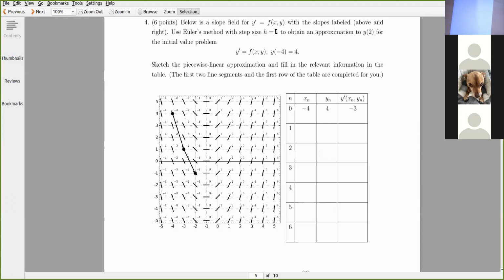Because the step size is 1, we can essentially fill in the steps for x. So it's going to go from minus 4 to minus 3, to minus 2.